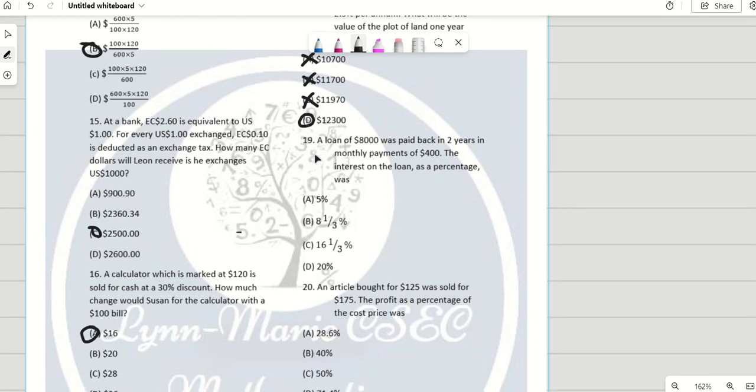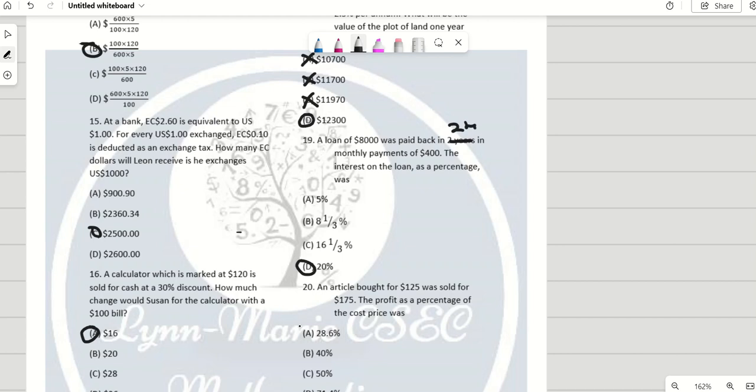Right? Number 19. A loan of 8,000 was paid back in 2 years in monthly installments of 400. The interest of the loan as a percentage was, I believe the answer for this is 20%. It's a repeated question, but let's check. They said monthly installments, so these 2 years have to turn to months. So instead of 2 years, you're going to put 24 months.